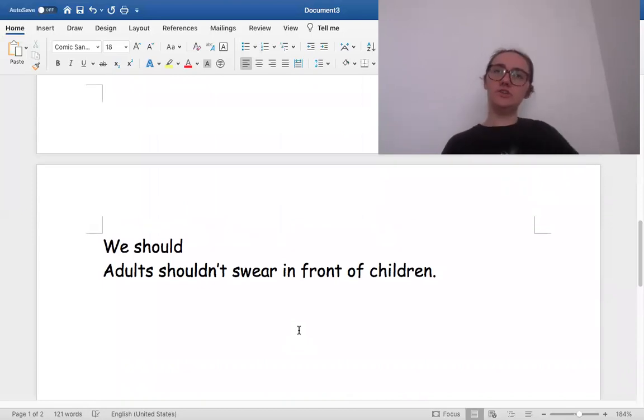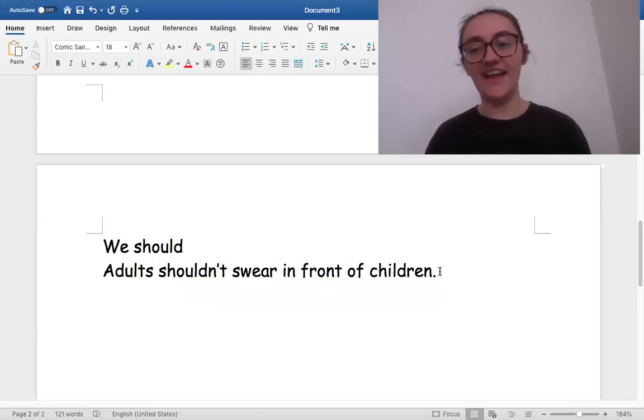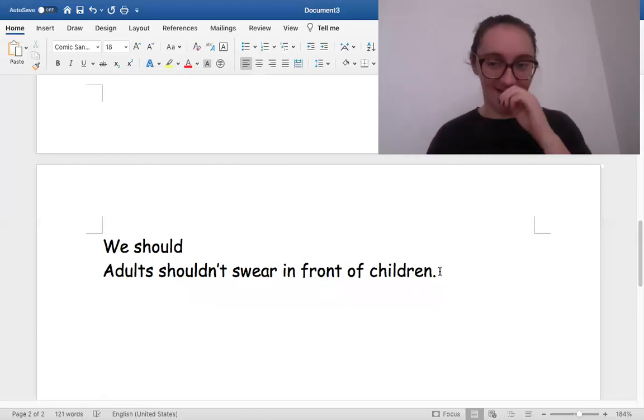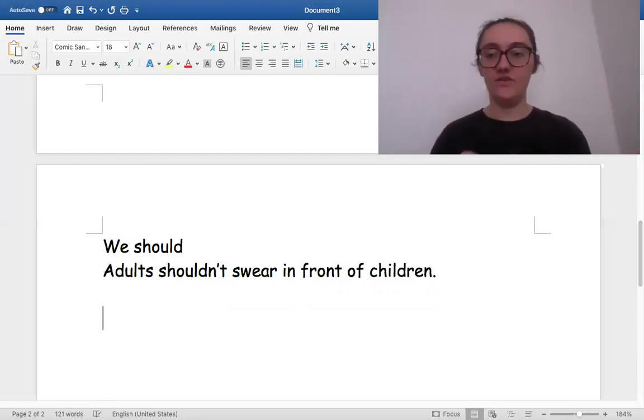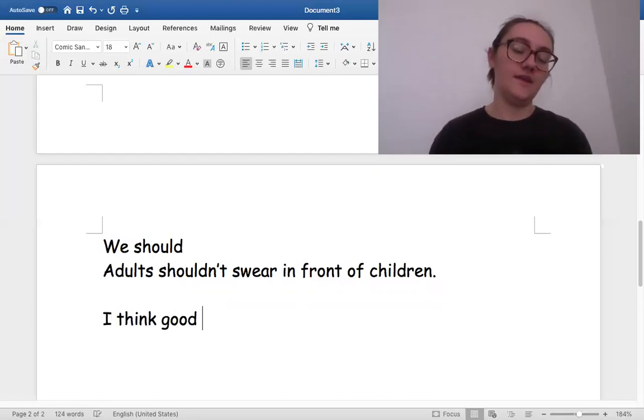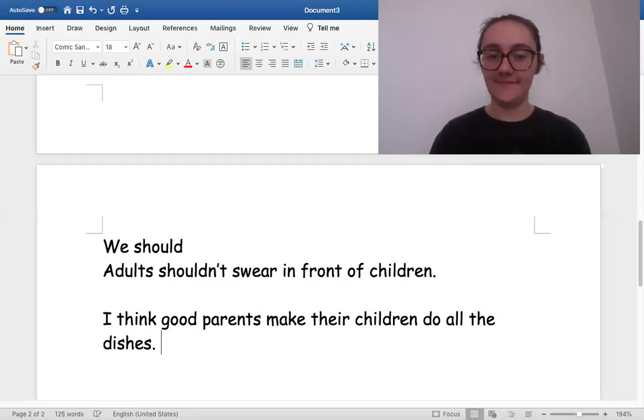And I'm just going to try and think of some more examples. So what makes a good parent? I'll just say ones that, that's not my opinion, but I'm just putting them out there to show you that you can have any idea of what makes a good parent. You can think anything. So I think good parents make their children do all the dishes. Boom, there.